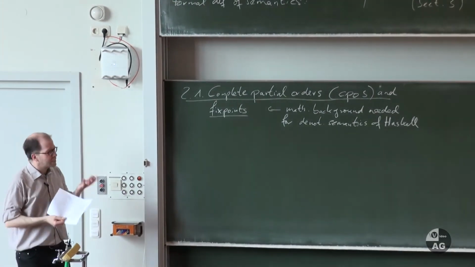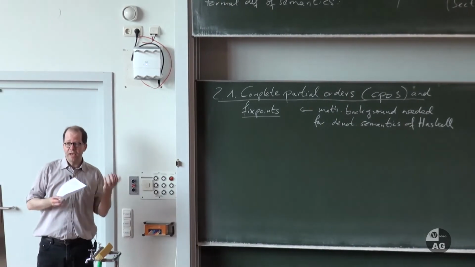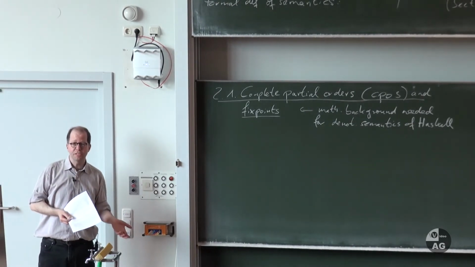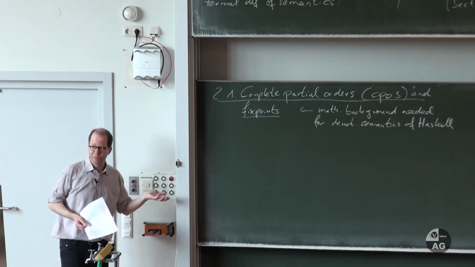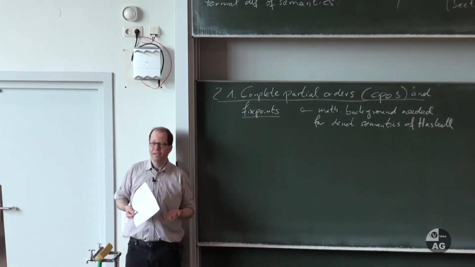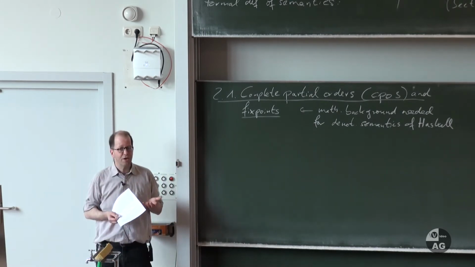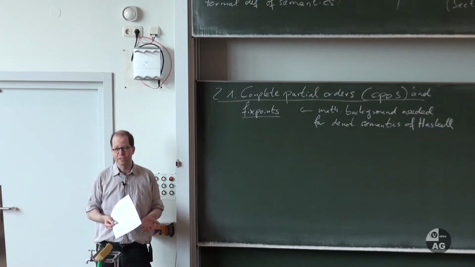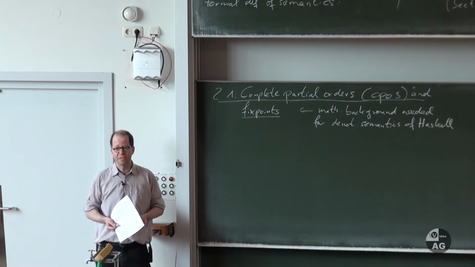And well, as I said, the idea of the denotational semantics is that every Haskell expression is mapped to some mathematical value. So, as I said, the Haskell expression 2 plus 1 will be mapped to the number 3, which is a mathematical object. But the problem is that in Haskell, there are also expressions that are undefined. If you think of a function that doesn't terminate, this function should also be mapped to some mathematical value.